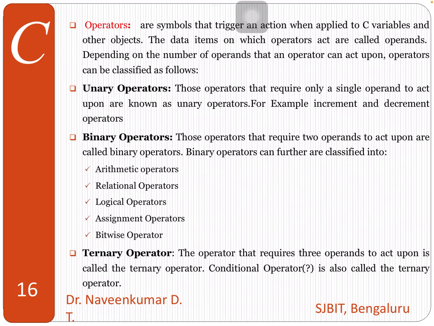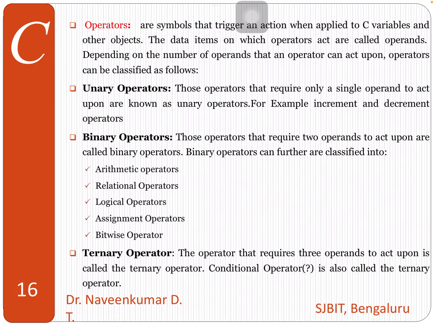These operators are symbols that trigger an action when applied to C variables and other objects. When we use an operator, this will initiate or trigger some operations, whether to add, subtract, or compare, or to execute a particular loop, like that.